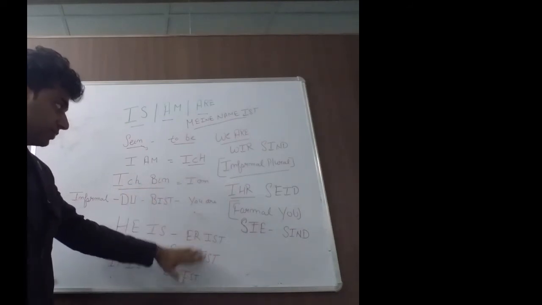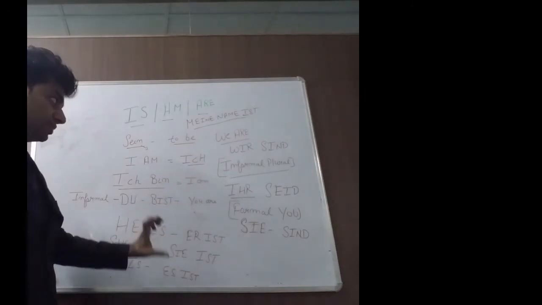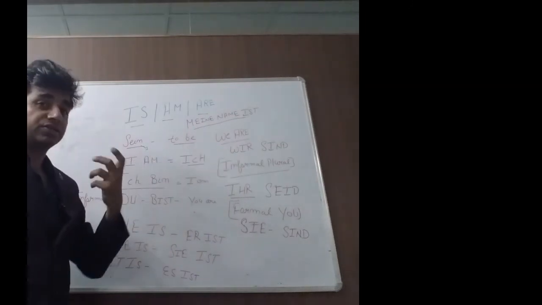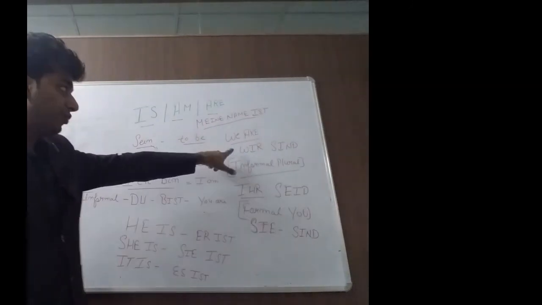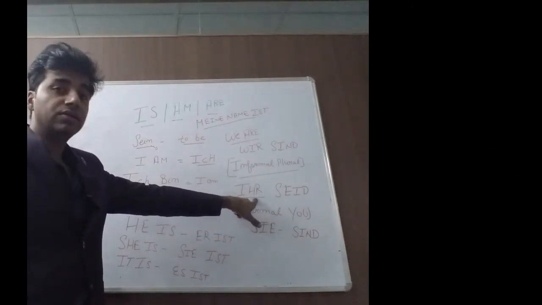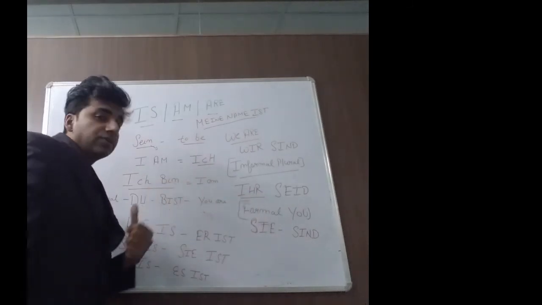Okay, ist. So basically ich bin, du bist, er, sie, es ist, wir. Okay, wir sind, sie sind, and ihr seid. Ihr seid. So what is ihr seid?